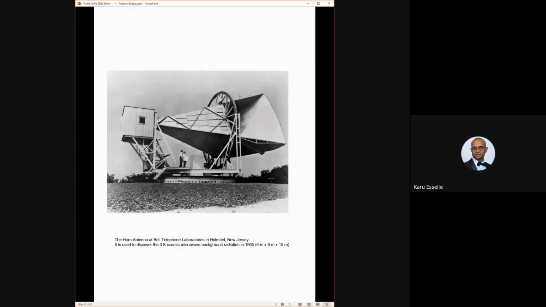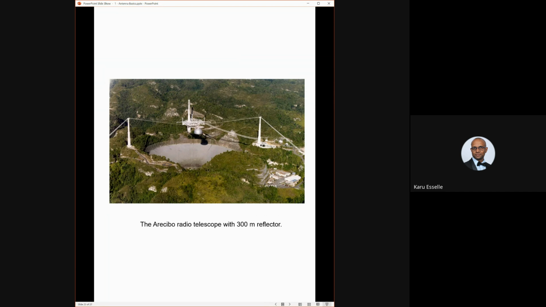A massive horn in Bell Telephone Labs, Bell Labs in New Jersey, in USA. And this is to discover cosmic microwave background radiation from space. So you need a very large collection area, a massive horn. Some very interesting massive antennas.